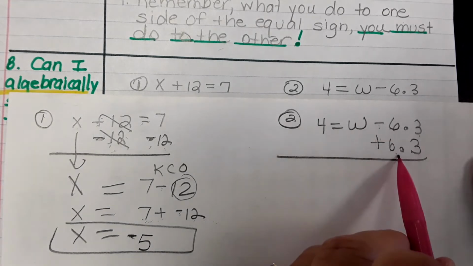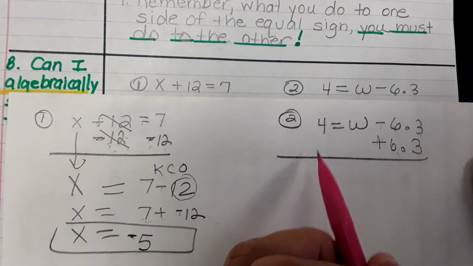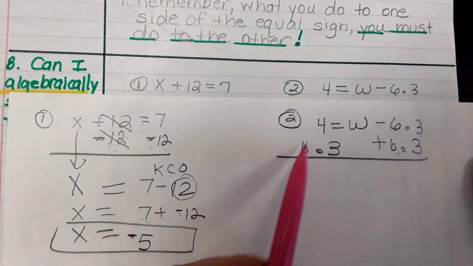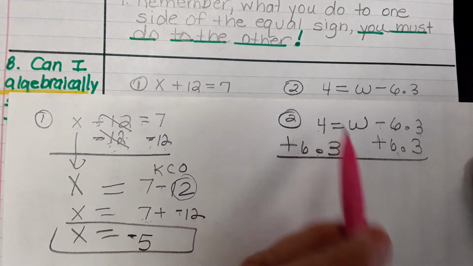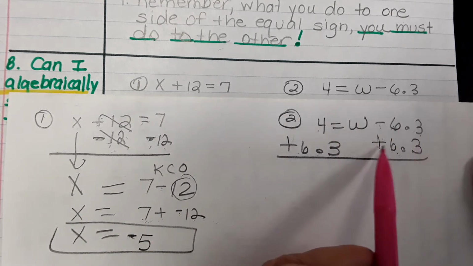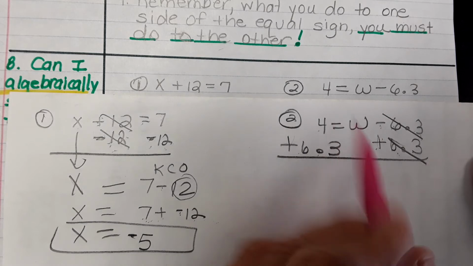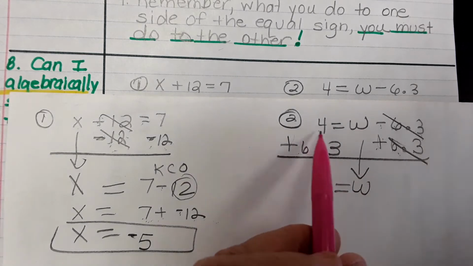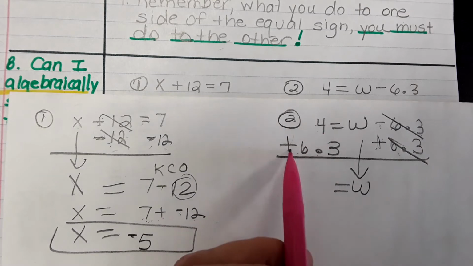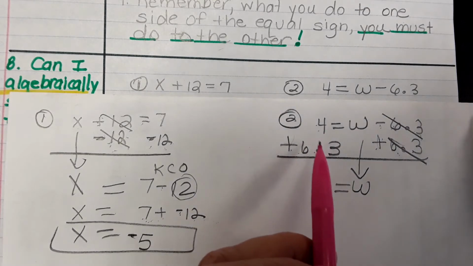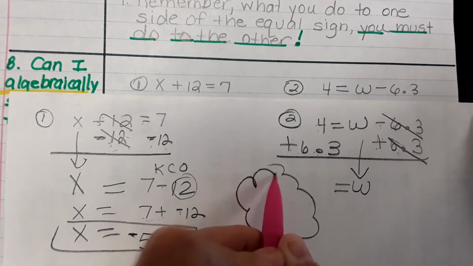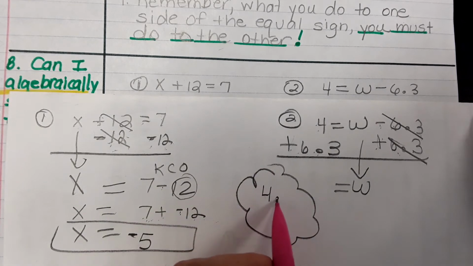Now what I do to this side, I have to bounce all the way back over here and do to this side. So now I've got 4 plus 6.3. The minus 6.3 and the plus 6.3 are going to cancel, leaving me with W equals. Now over here you've got to add 4 plus 6.3. Be careful, there is a decimal, so just as a reminder, I'm going to show you how to add those decimals.